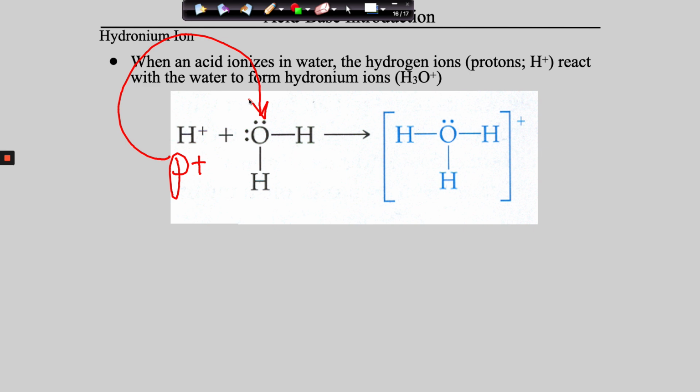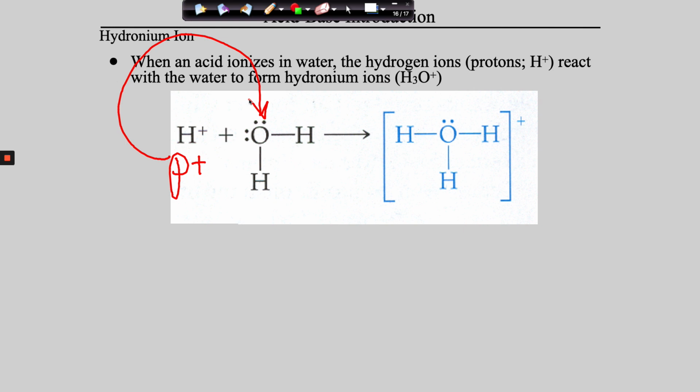So it's literally a sigma bond that is fully formed by two oxygen electrons, and the proton doesn't bring any electrons to the table. Is that okay? Okay, so guys, with that said, do you understand this? When you have an acid solution, there are no hydrogen ions in solution.